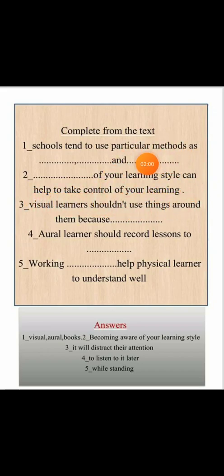Number 3. Visual learners shouldn't use things around them, like mobile or TV. Why? Number 4. Oral learners should record lessons too. Why? Number 5. Working while what helps physical learners to understand well? We need to complete these from the tips.